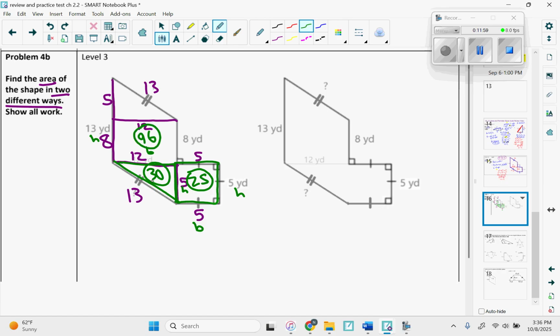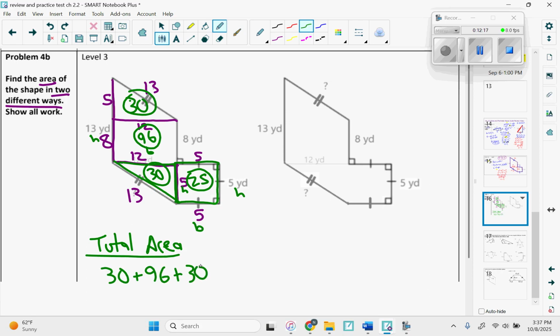And then this triangle on the bottom matches this triangle up here, so it also has an area of 30. So I find all of the little areas and the total area. I'm going to just add up all of those 4 areas.